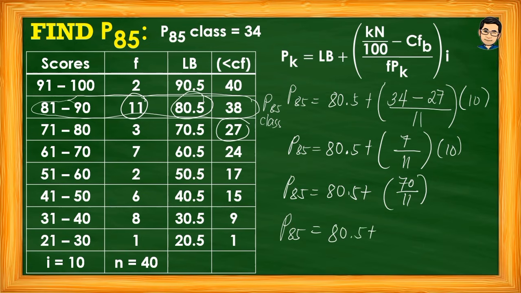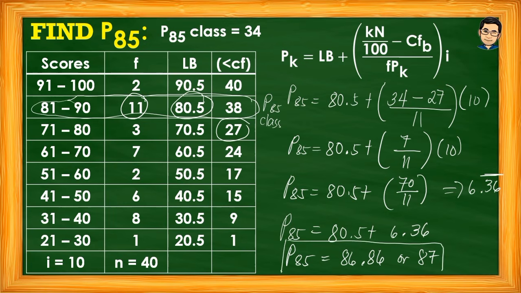So, 70 over 11, ang value talaga niya is 6.36. Yung 36, yun yung repeating digits natin. So, sulat lang natin dito is 6.36. Ayan. So, add natin 80.5 plus 6.36 will get 86.86 or 87.